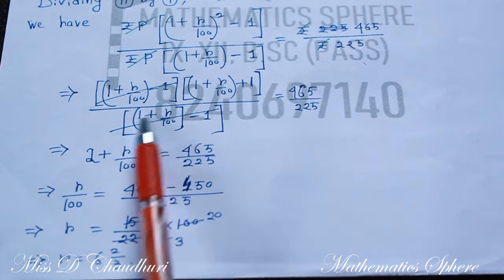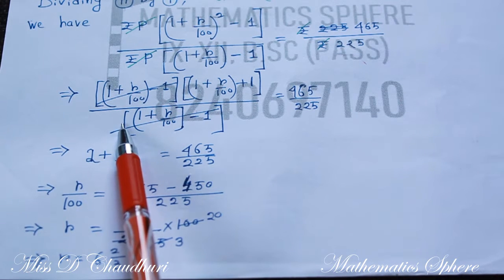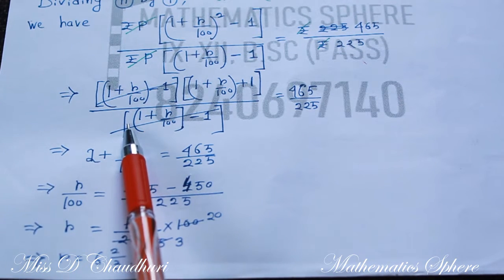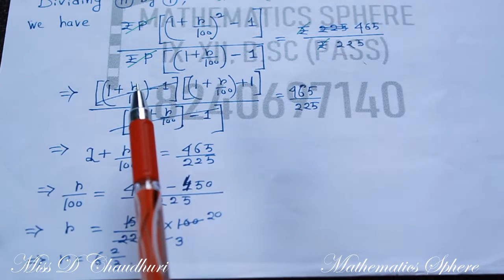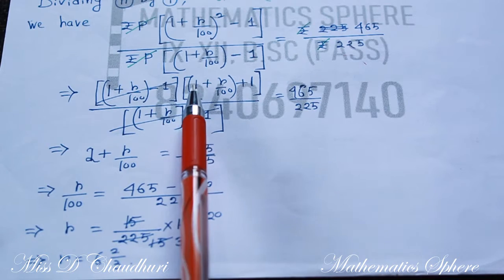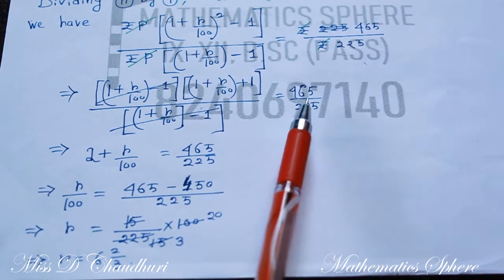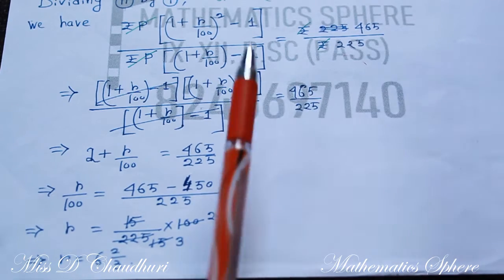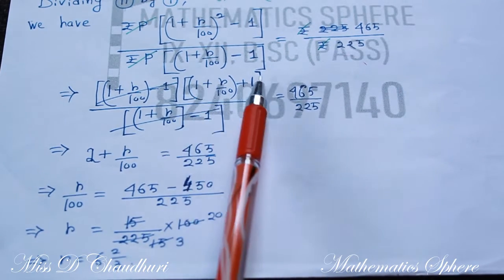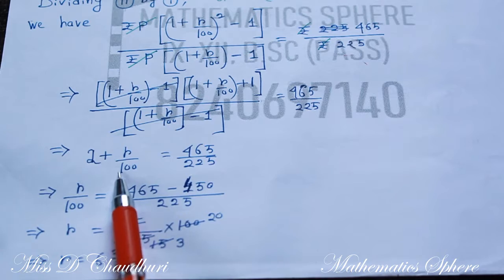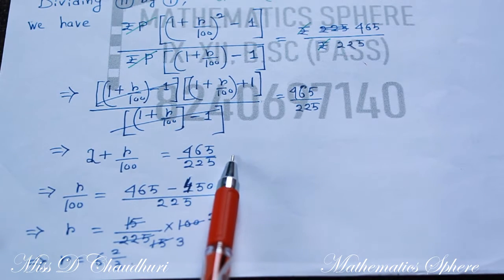So this one and this one fully get cancelled. These steps you will have to remember; in the examination you cannot do it indirectly. Now the remaining part is 1 plus R by 100 plus 1 equal to 465 by 225. Now write it properly. 1 plus 1 will be 2, so 2 plus R by 100 equals 465 by 225.